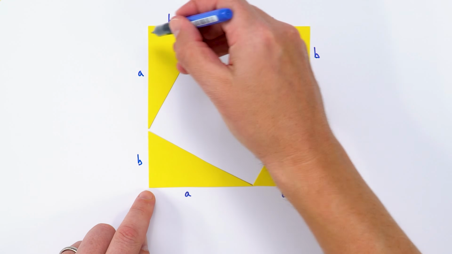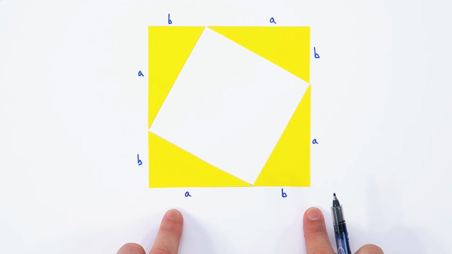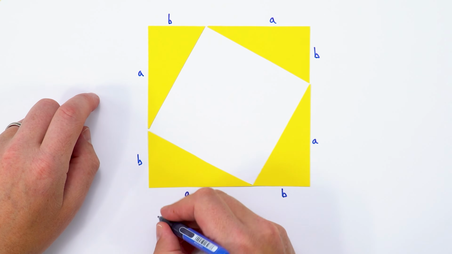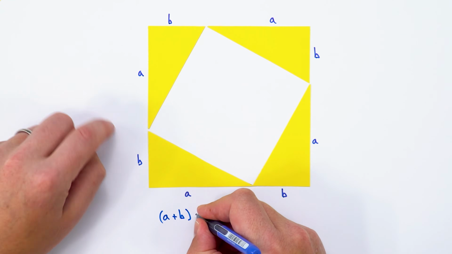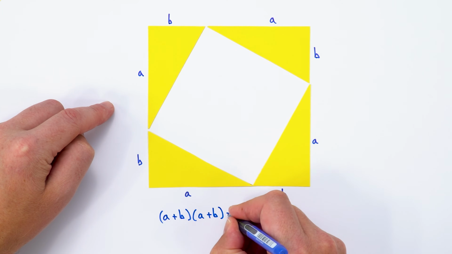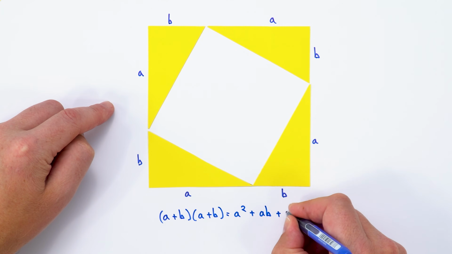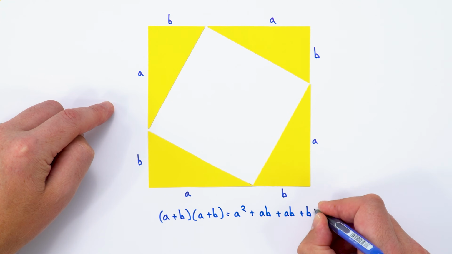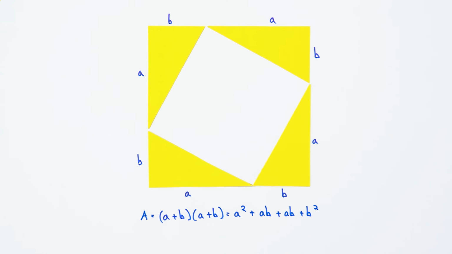If we wanted to find out the total area of this entire square, all we need to do is multiply one side by another side. So the length of a side is equal to A plus B, and we can just multiply that by the length of that side, which is also A plus B, and that's then equal to A squared plus AB plus AB plus B squared. So that's going to be the total area of that square.